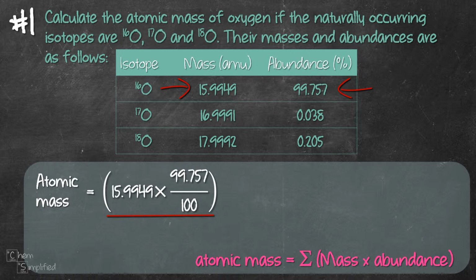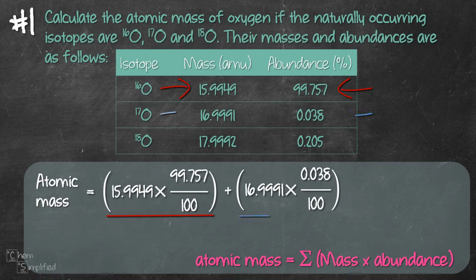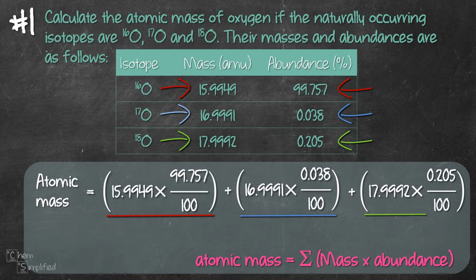Okay, so now we move on to the second isotope, which is 16.9991, and then we multiply it by 0.038 divided by 100. And finally, for the third isotope, it's 17.9992 times 0.205 divided by 100.